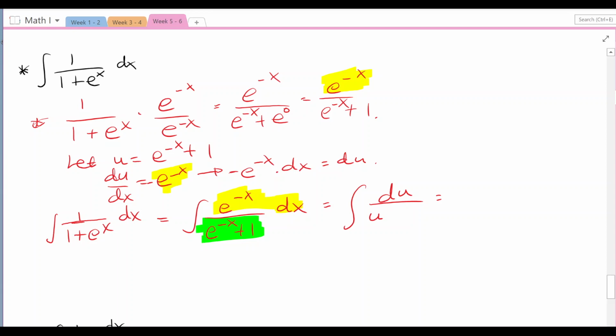Oh, this is not negative, okay, this one is negative, and therefore this is the same as negative ln u plus c as the answer, or equivalently negative ln of u, which equals e to the negative x plus 1, and then plus c, a constant, as the answer.